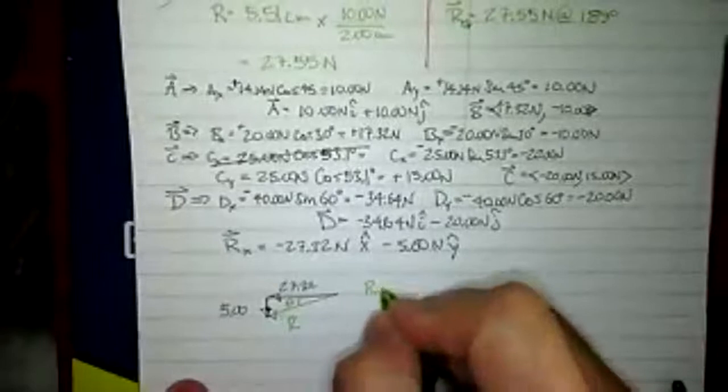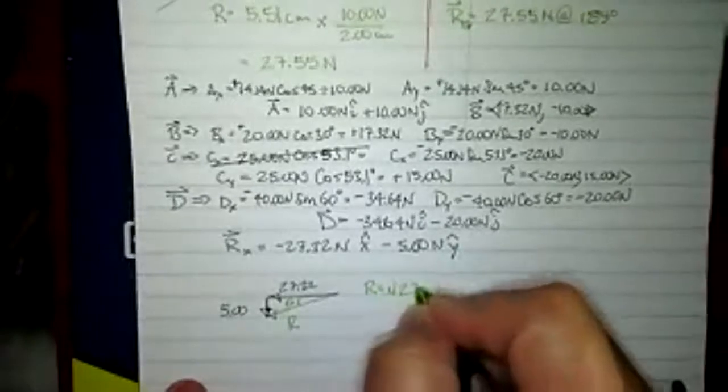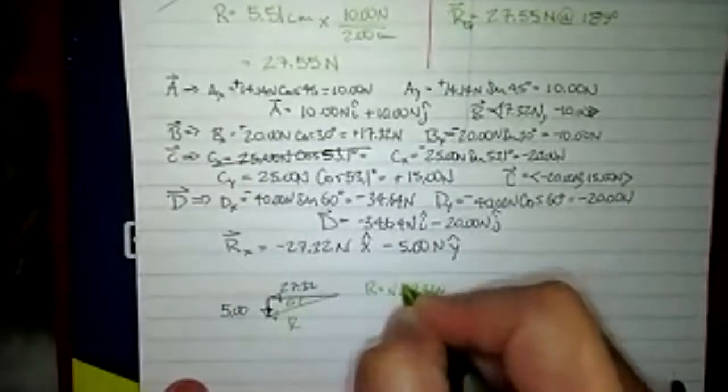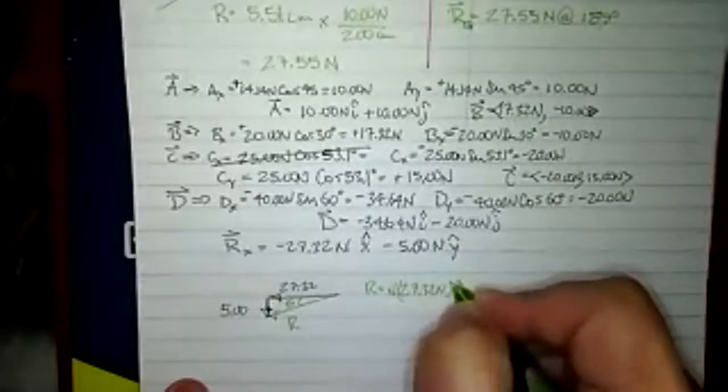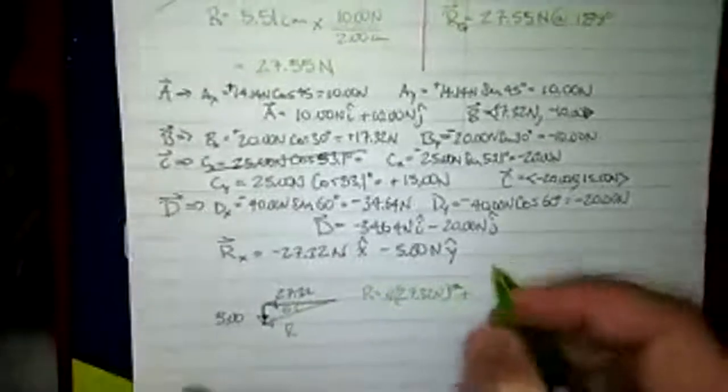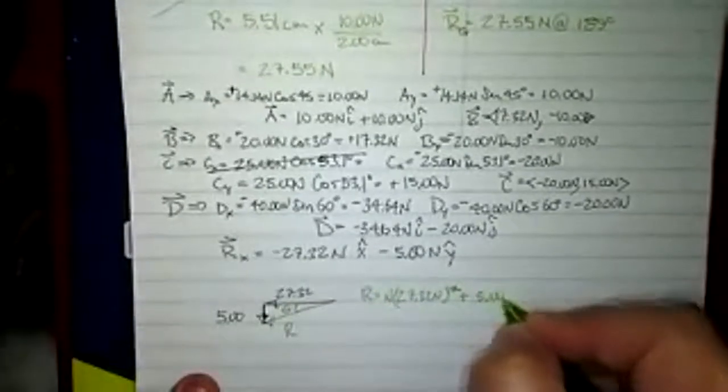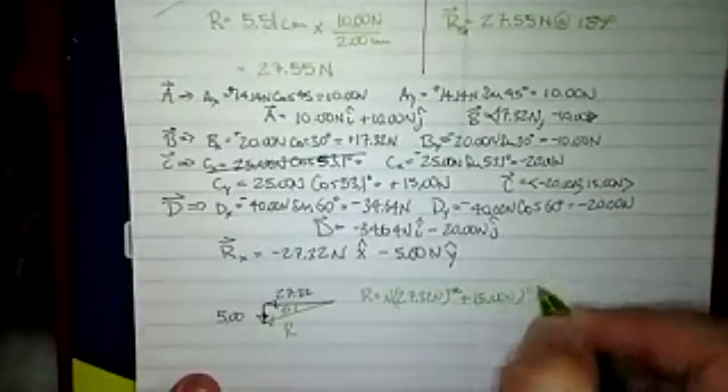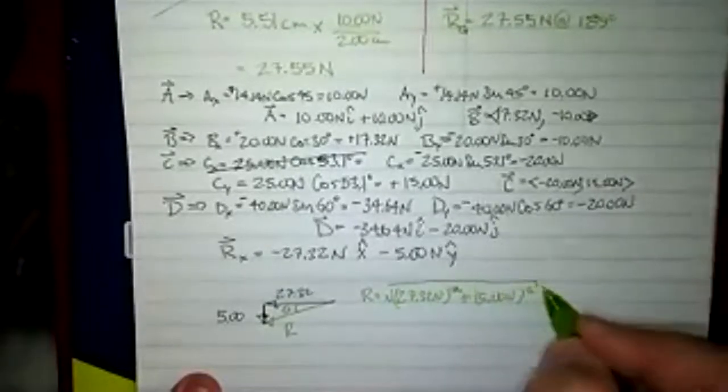So R is going to equal the square root of 27.32 newtons squared, using the Pythagorean theorem, plus 5.00 newtons. Notice I didn't care about the negatives because I'm squaring it and it doesn't matter.